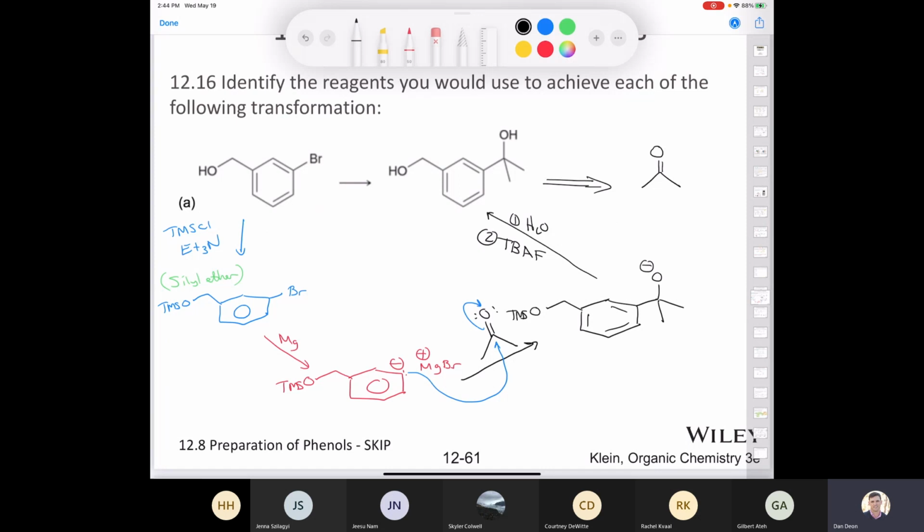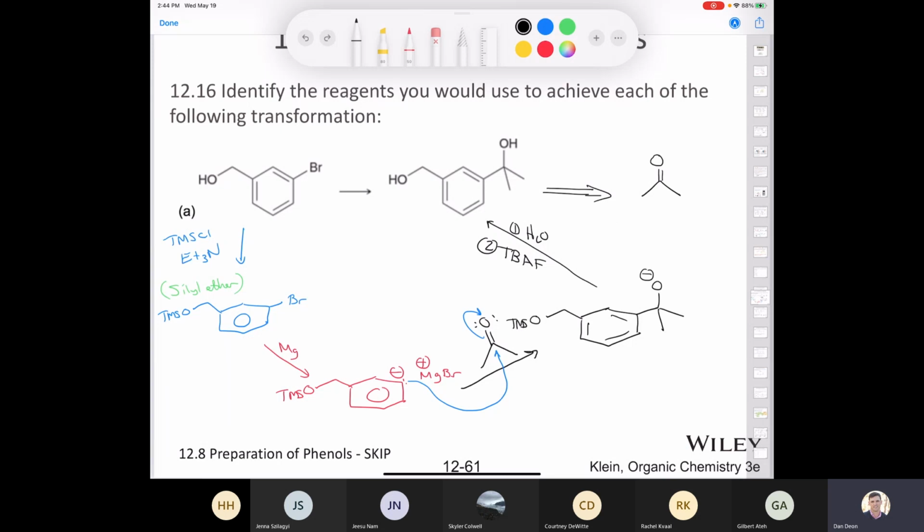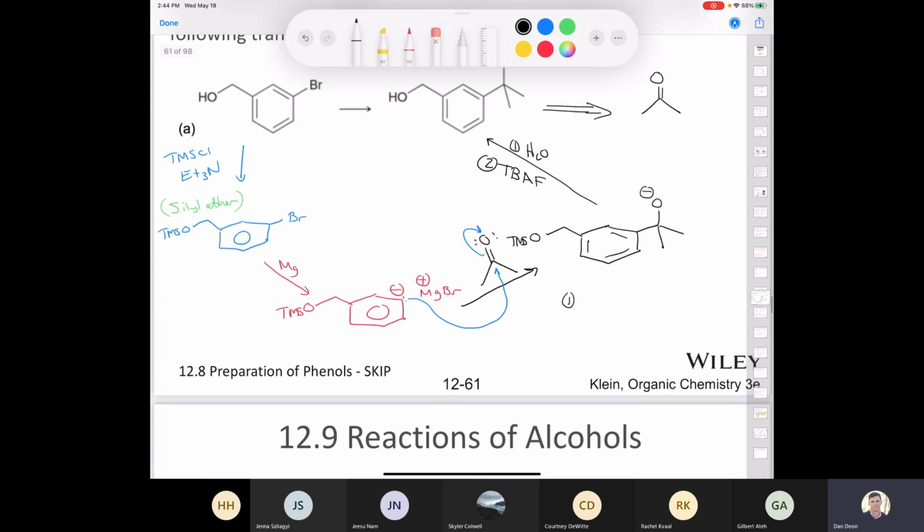So overall, how many steps do we have? We have 1, 2, 3, 4, and 5. So again, to recap, step 1 is trimethylsilyl chloride and triethylamine to make our silyl ether.